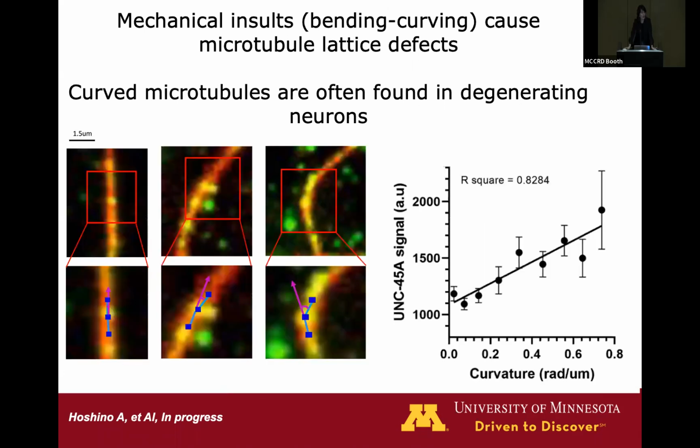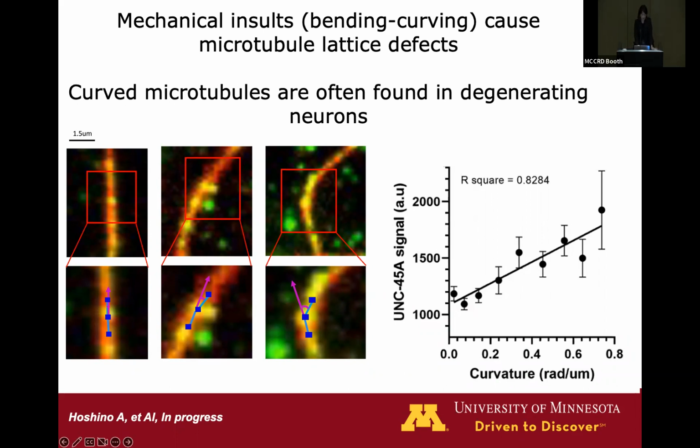So one of the experiments that Asumi, the pharmacology grad student, is doing is looking at whether there is a different signal of ANC45 in microtubules that are bent versus microtubules that are straight. In particular, she's looking at different ANC45 signal in one microtubule in a straight versus bent area.